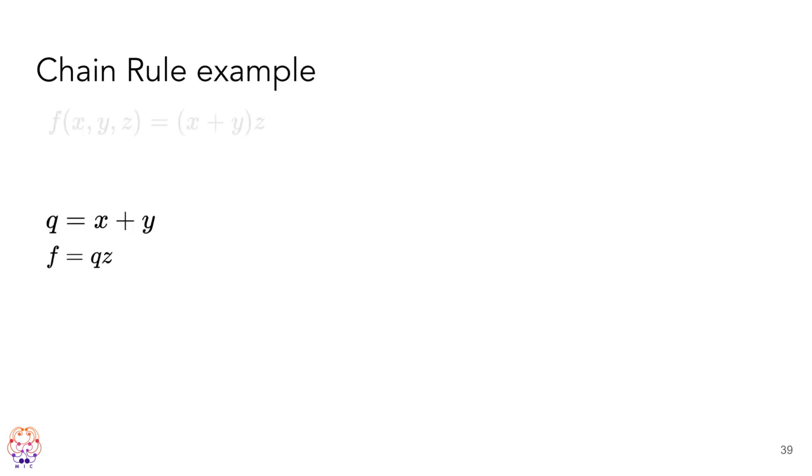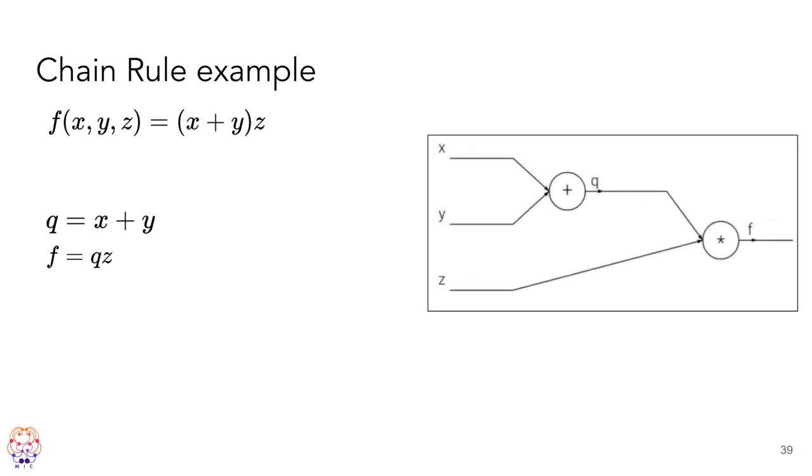So here's a simpler example. Say we have this function here, and it's x plus y times z. And we have this intermediate term, q equals x plus y, and then f is q times z. So as you can see, f would be equal to that top one. And so this is what is called a computational graph.